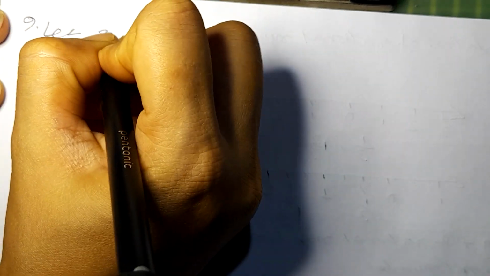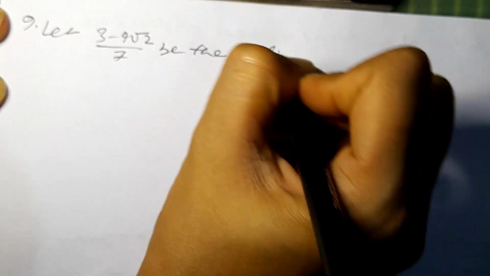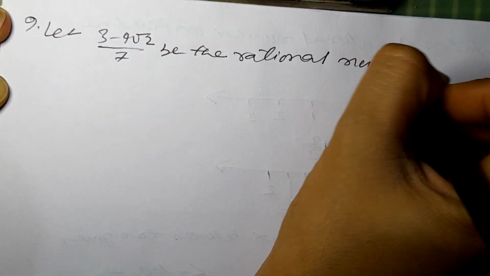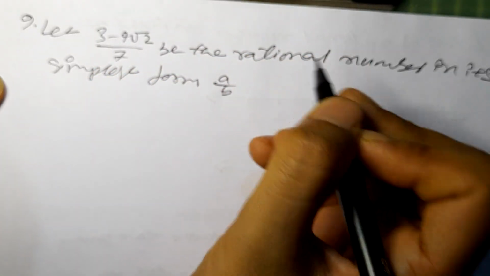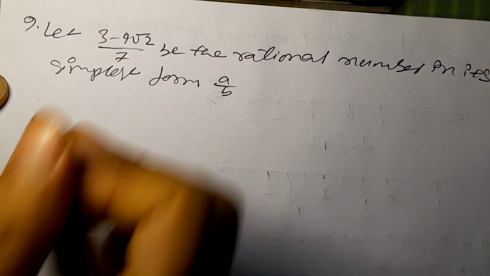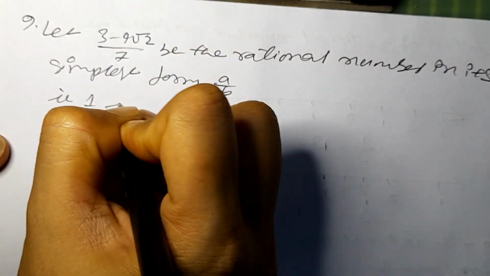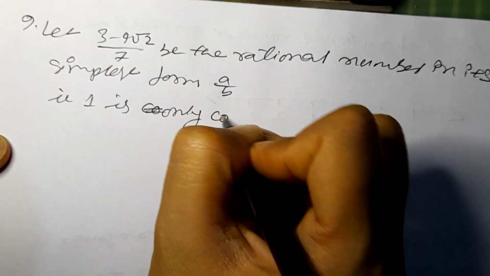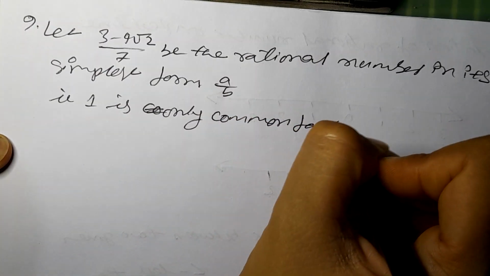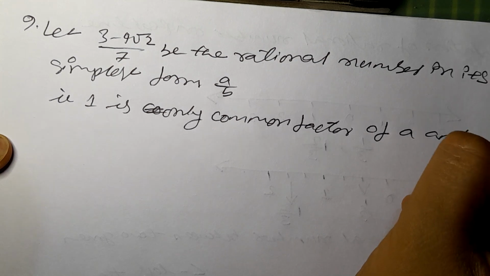So question number 9. Let (3 minus 4 root 2) divided by 7 be a rational number in its simplest form, that is a by b, where 1 is the only common factor of a and b.